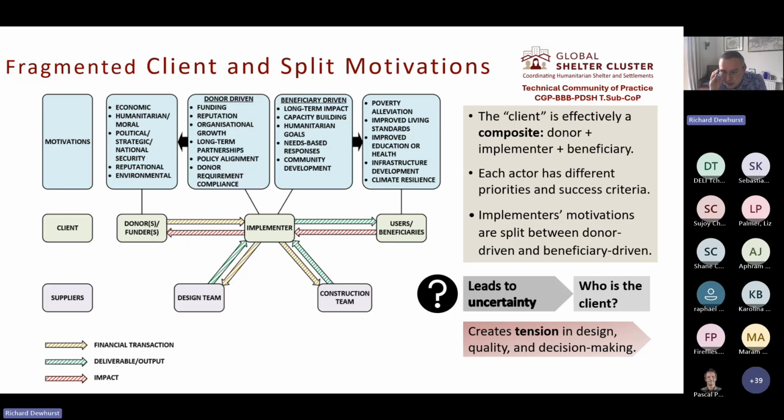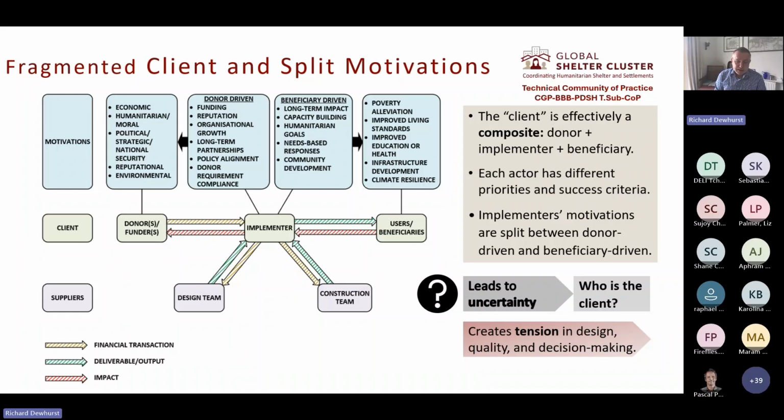Another factor that contributes to the challenges is that in ID construction projects, the client is effectively a composite entity rather than a single individual or organization, because it's made up of three elements. So you've got the donor, the implementer, and the beneficiaries or end users. And each of these entities has different, often competing priorities and motivations.